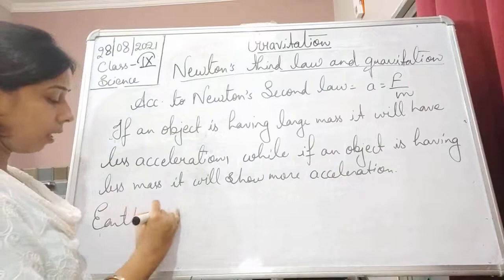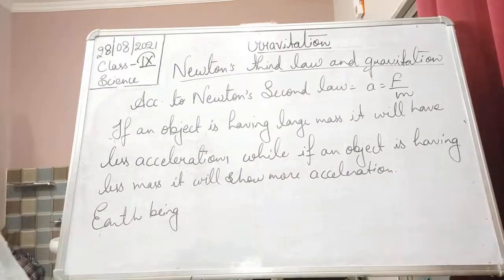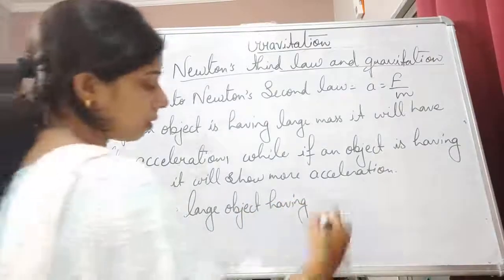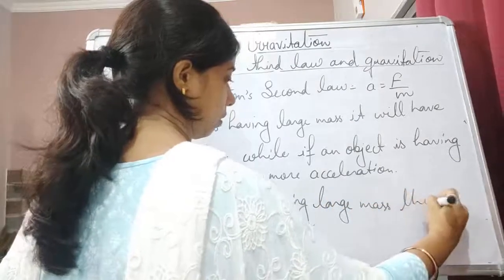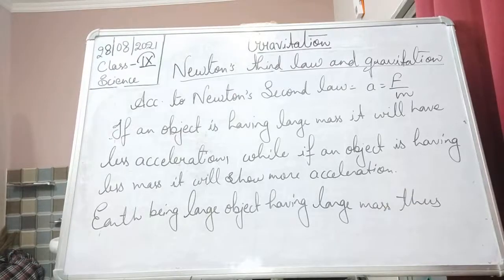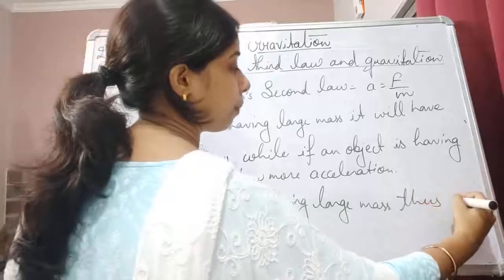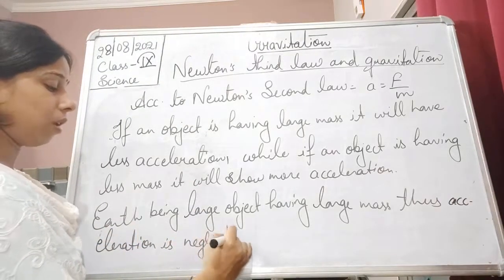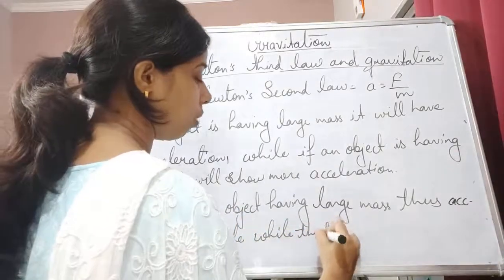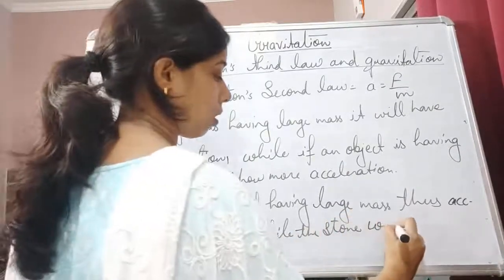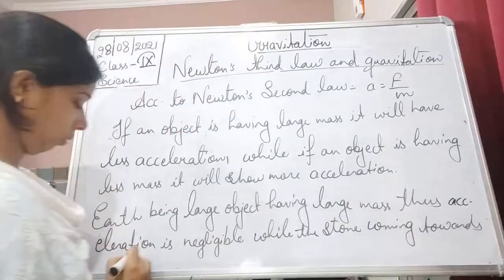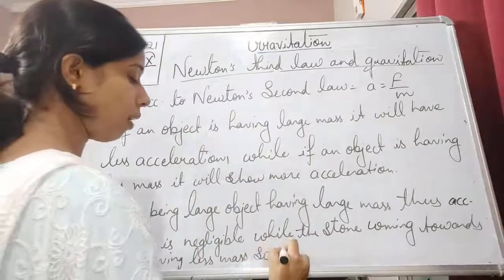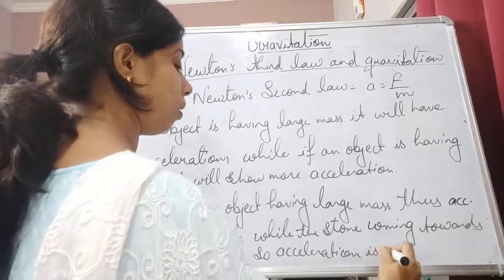The earth, being a large object having large mass, has negligible acceleration. Why is the stone coming towards it? Because the stone has less mass, so its acceleration is more.